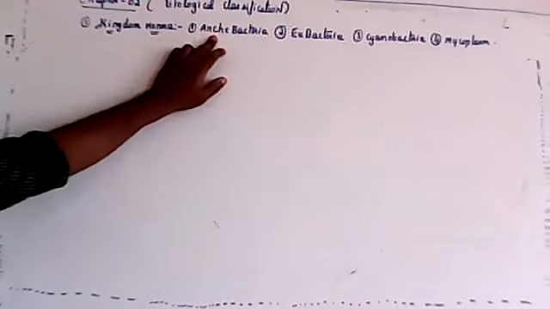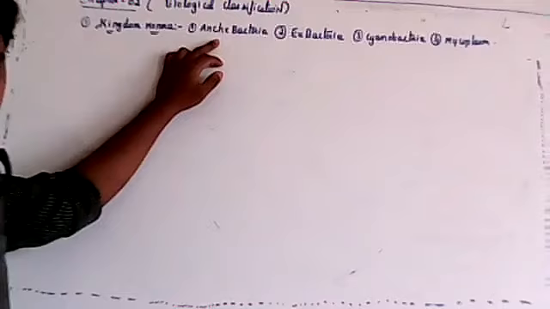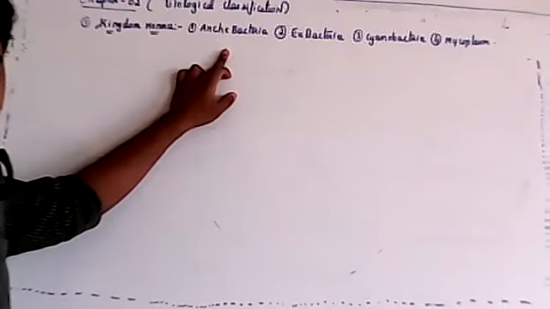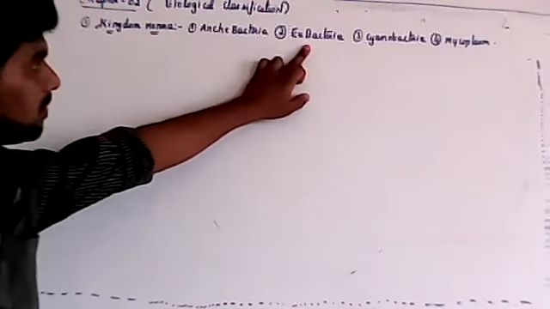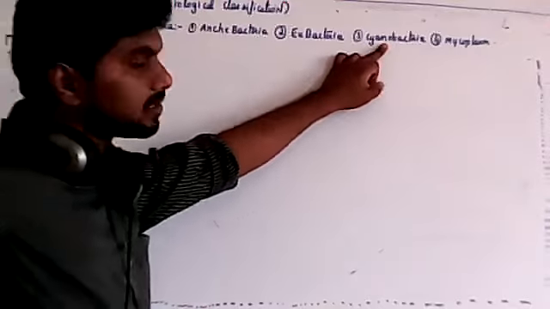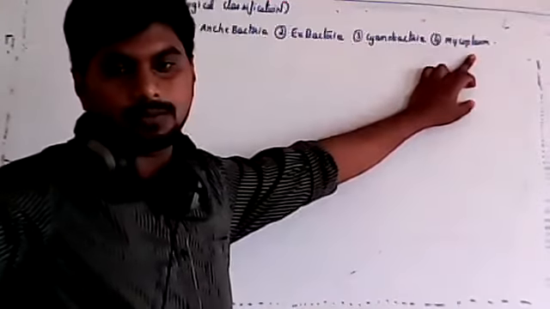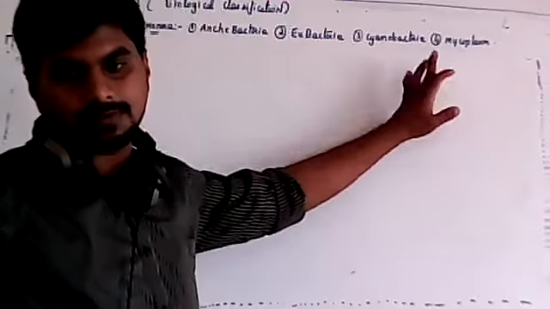First under kingdom Monera, Archaebacteria. Under Archaebacteria, there are four different types: halophiles, acidophiles, thermophiles, and methanogens. Then the structure of bacteria, the structure of cyanobacteria, and then mycoplasma.